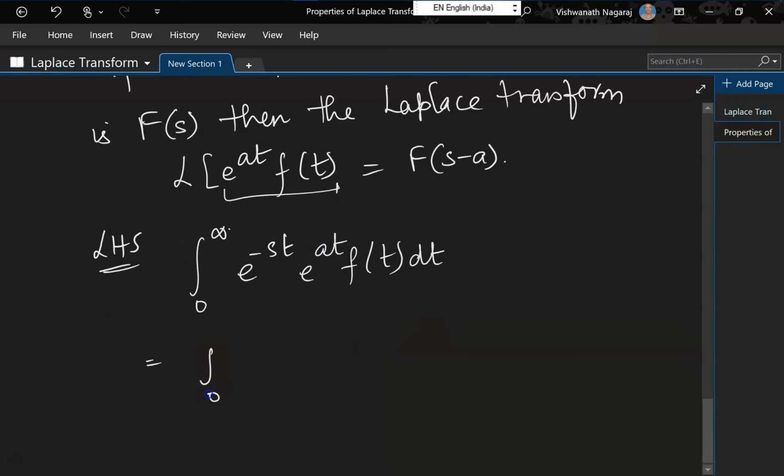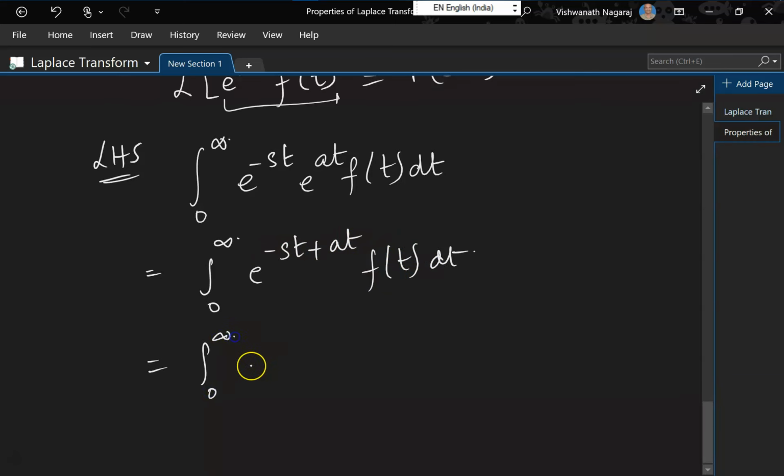Now this can be written as the integral from 0 to infinity of e to the power of minus st plus at f of t dt. Again, this can be simplified by taking out common, we can say minus, we take it out, s minus a, t, f of t dt.